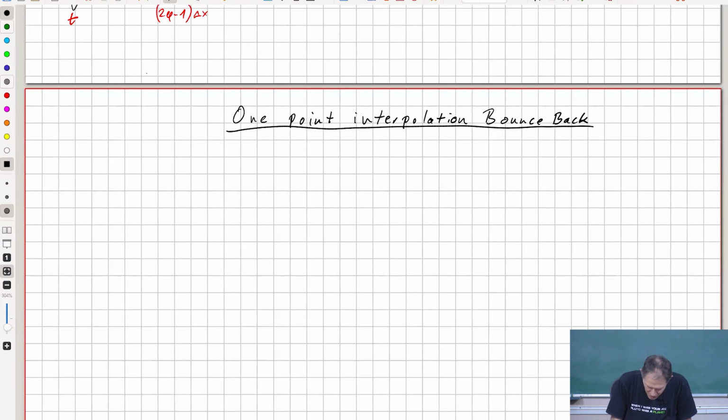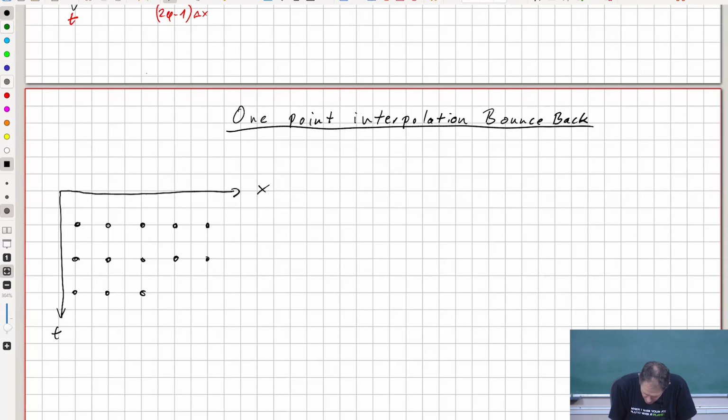Let's draw the picture again. So having here an x and having here a t, and here our nodes. And now we have a boundary someplace here.